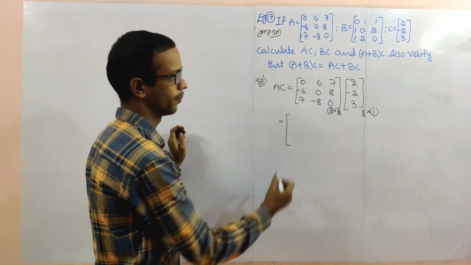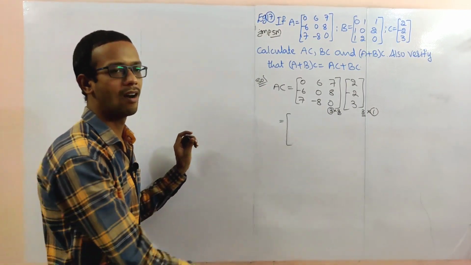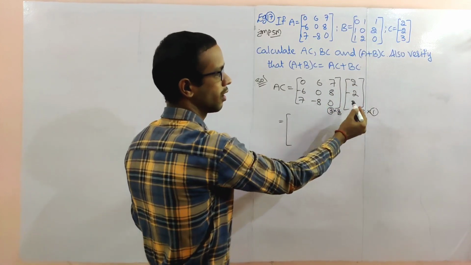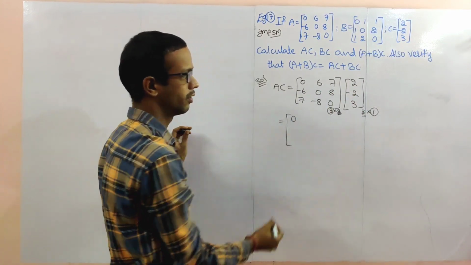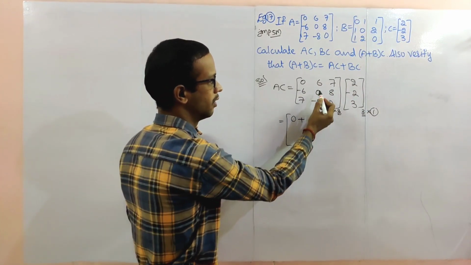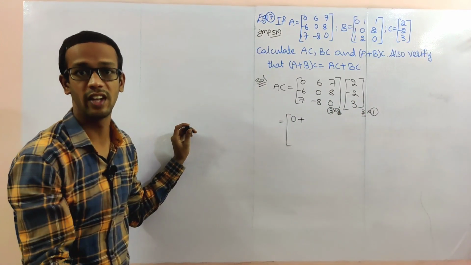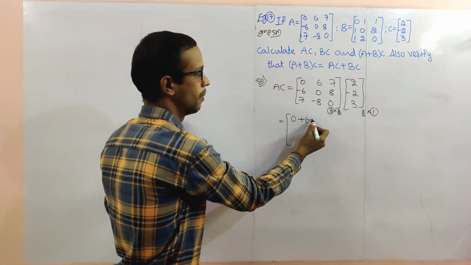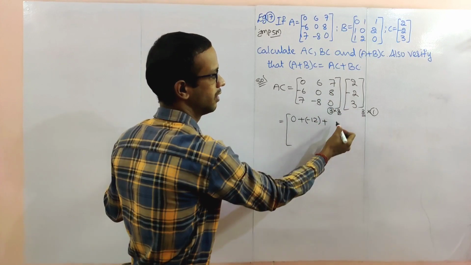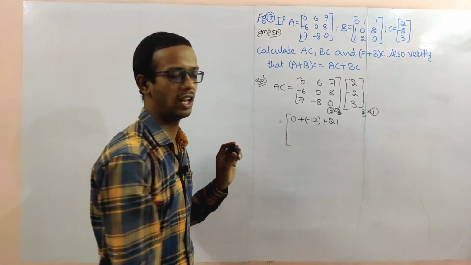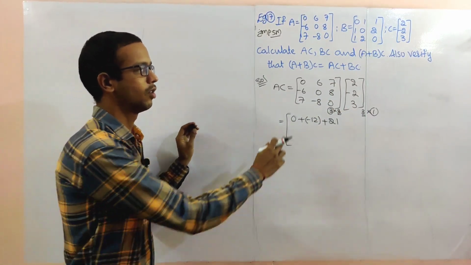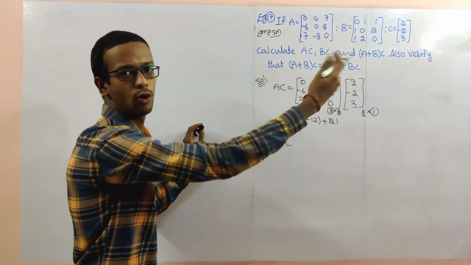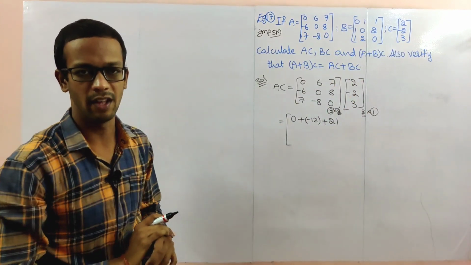So now, row by column method. 0 into 2 is 0 plus 6 into minus 2 is minus 12 plus 7 into 3 is 21. So first row, first column completed, more columns are not there, so stop there only.